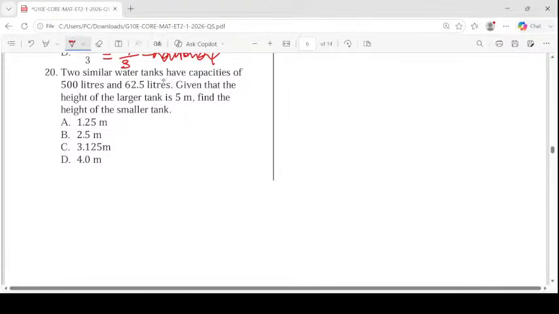Question number 20. Two similar water tanks have capacities of 500 liters and 62.5 liters. Given that the height of the larger tank is 5 meters, find the height of the smaller one. Because these are capacities, these are volume scale factors. It is 62.5 over 500, this gives you 1 over 8.